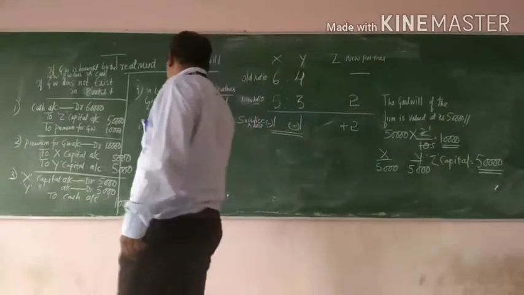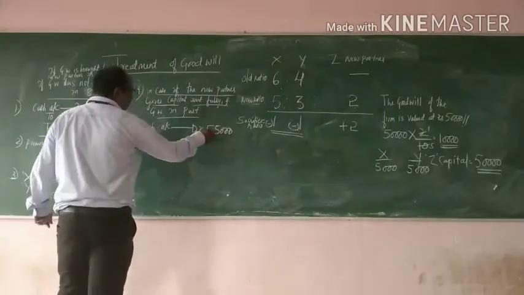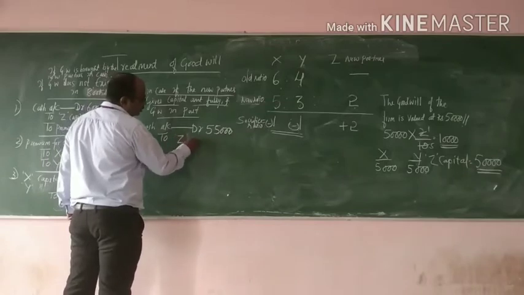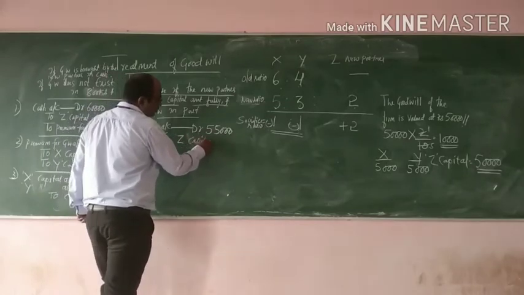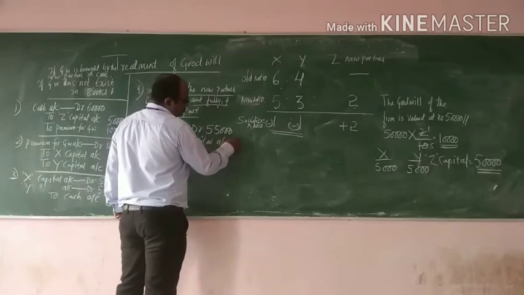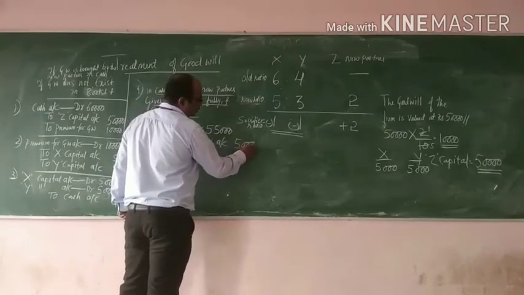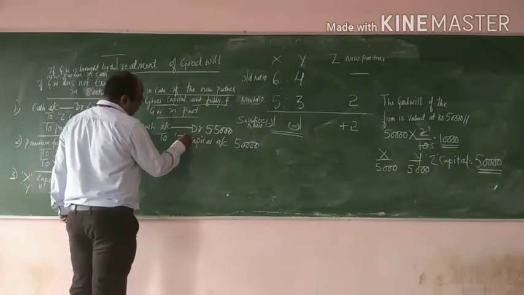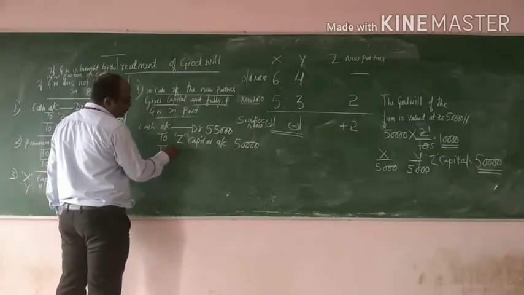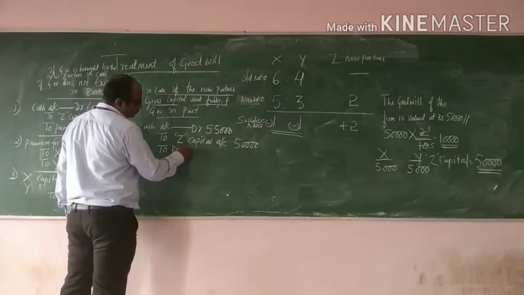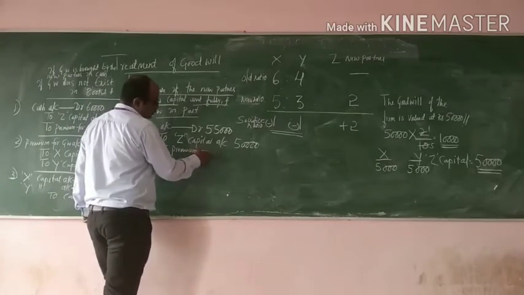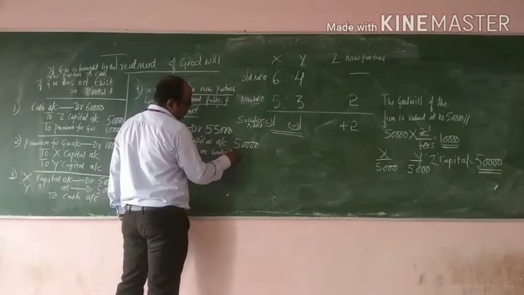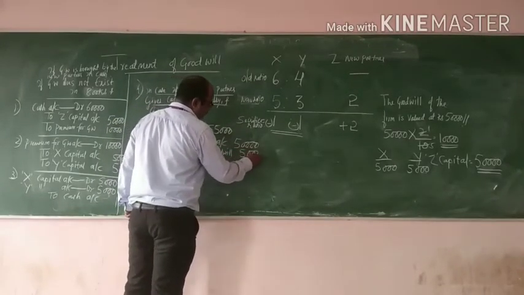So in this case, the cash account is how much? Debit 55,000, to Z capital account, the new partner's capital account, 50,000. That is sure, 50,000 should be transferred to the capital account, and then to premium on goodwill 5,000.